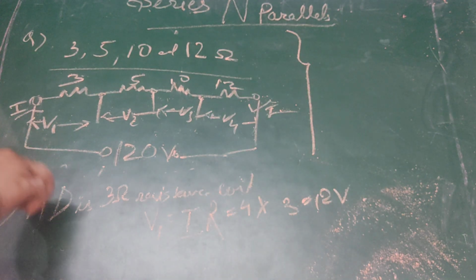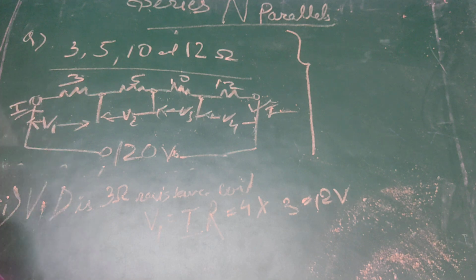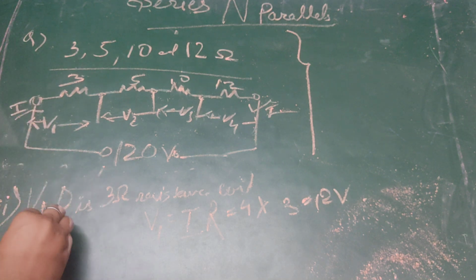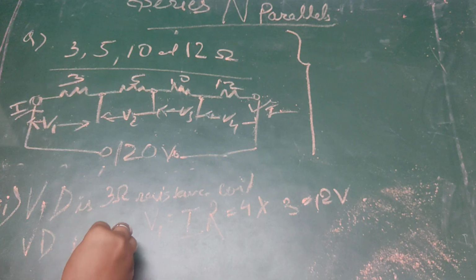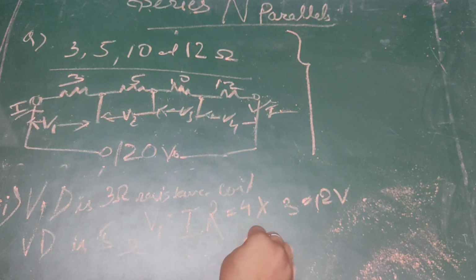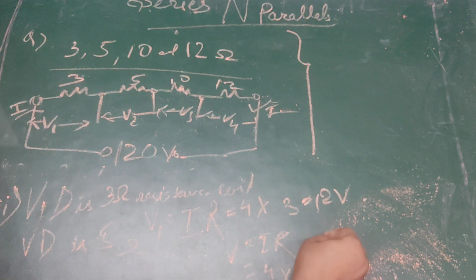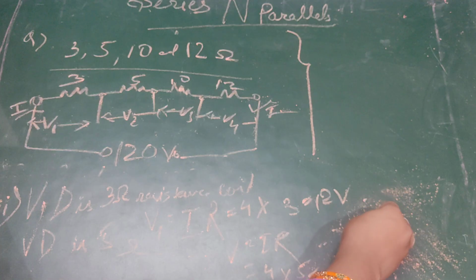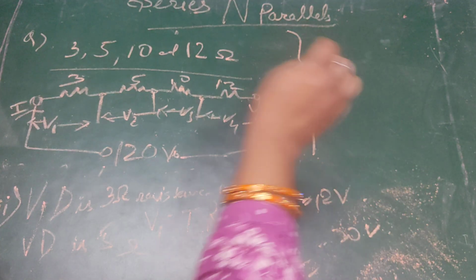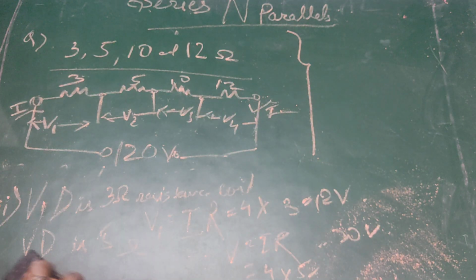For V1, this one, for 3 ohm, and VD for 5 ohm. Just put values in the formula and we'll get the answer. 4 into 5, 20 volt.